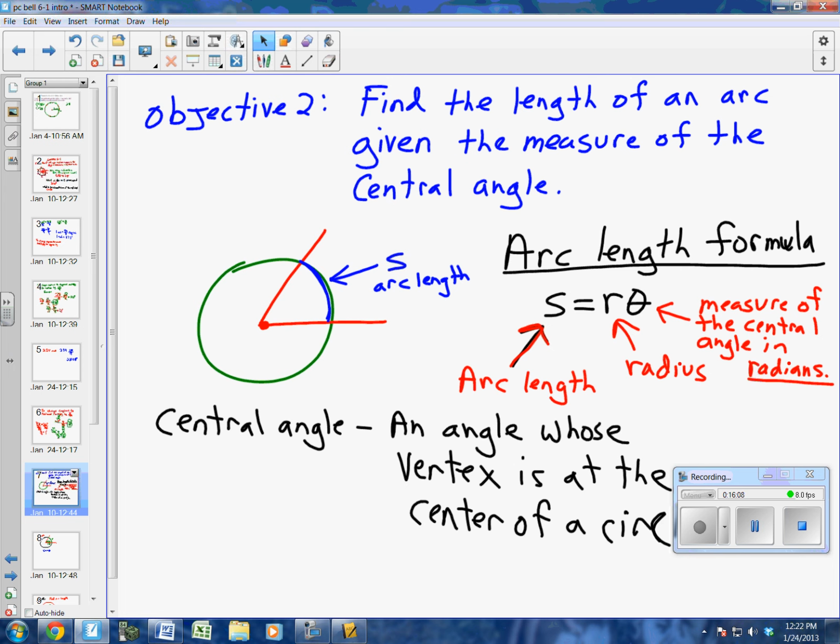Okay, well, what is a central angle? Do you guys remember that from geometry? How many of you had geometry from me? Anybody in here? Wow. I usually only have a couple of students because how many of you guys are juniors or sophomores in here? Yeah, you guys would have taken it in 9th grade.